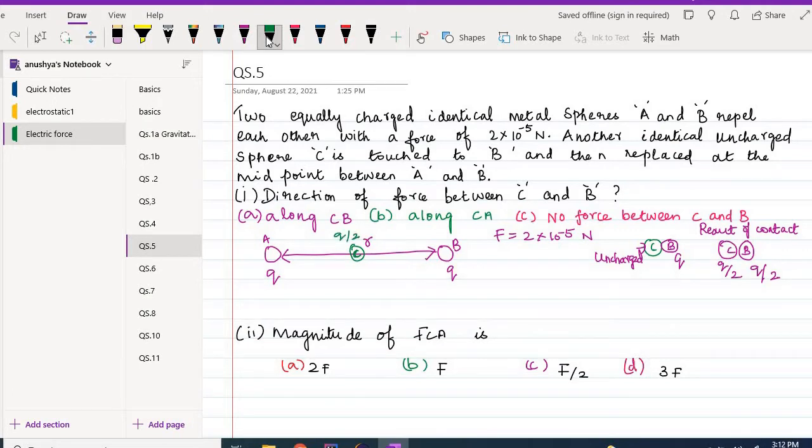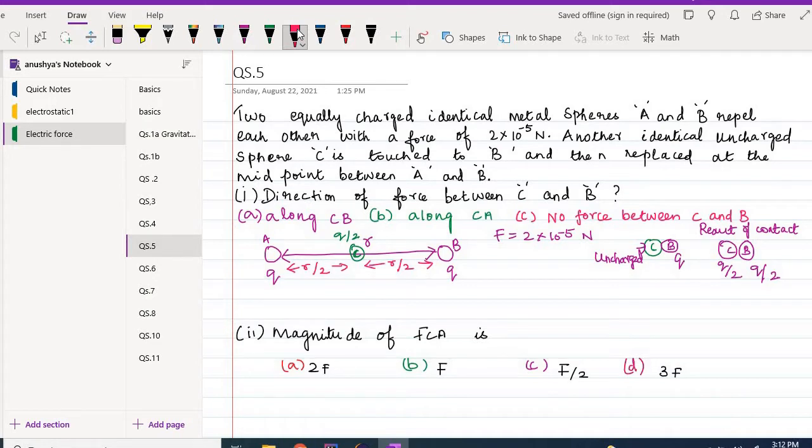Now the separation between A and B is R, and the separation between A and C will be R by 2, and between C and B also R by 2.